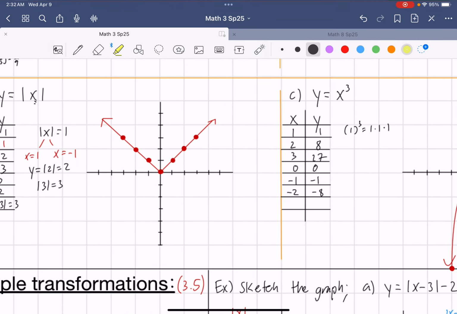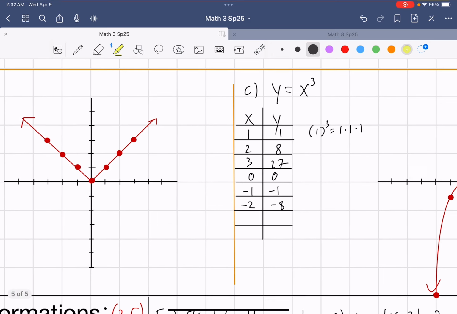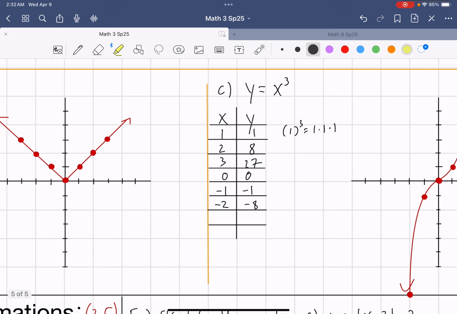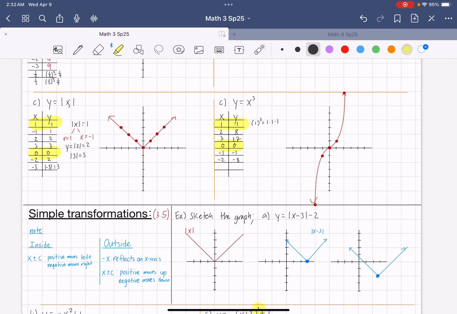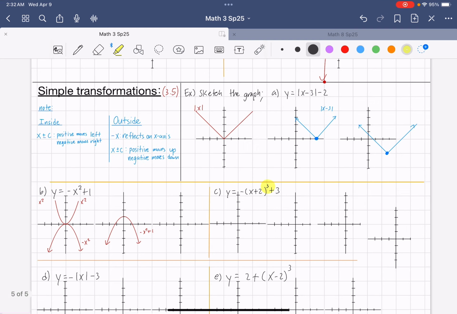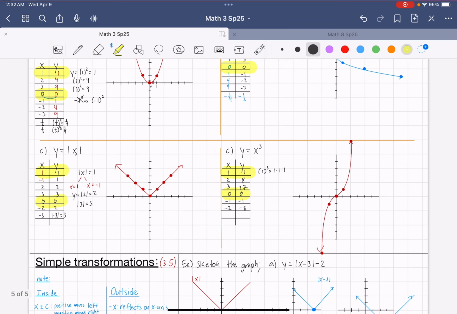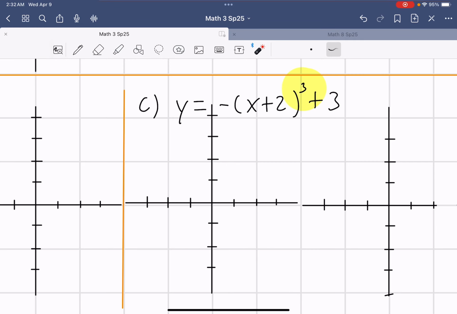I have my points here, 0, 0, 1, 1. And then here too, 0, 0, 1, 1. But I have to look at these key indicators to tell me the type of graph I'm going to be dealing with. So since this is a cube, I'm dealing with x cubed as my parent function.